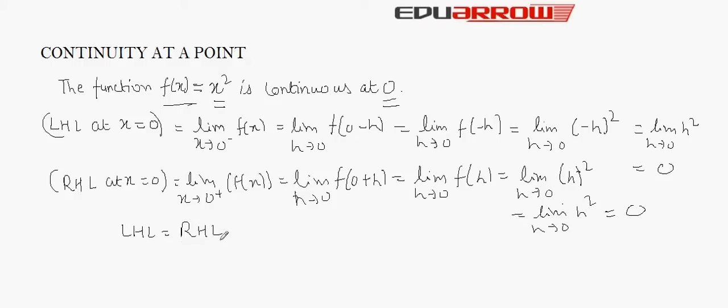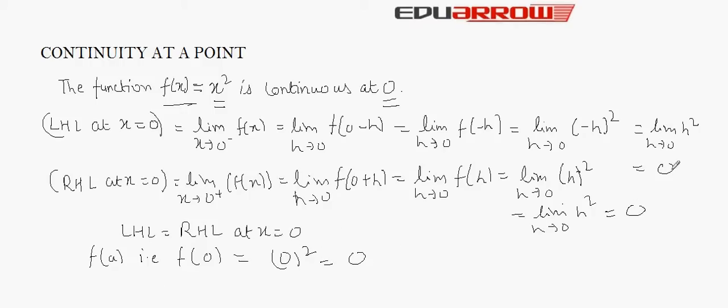Now at x = 0, we have to find f of a, that is f of 0, which is equal to 0 whole square, which is equal to 0.